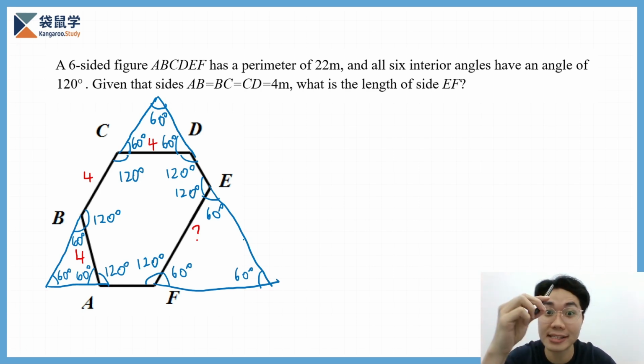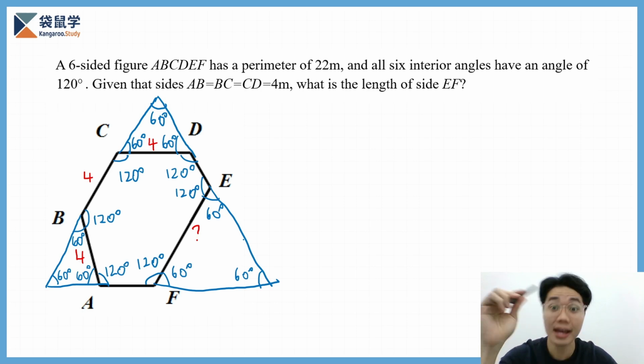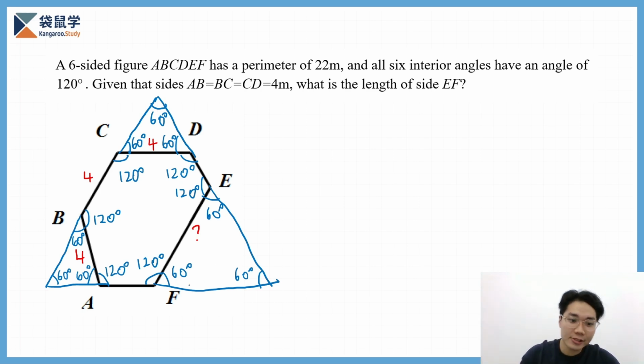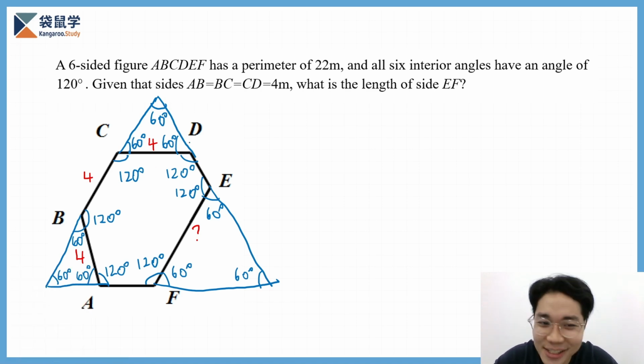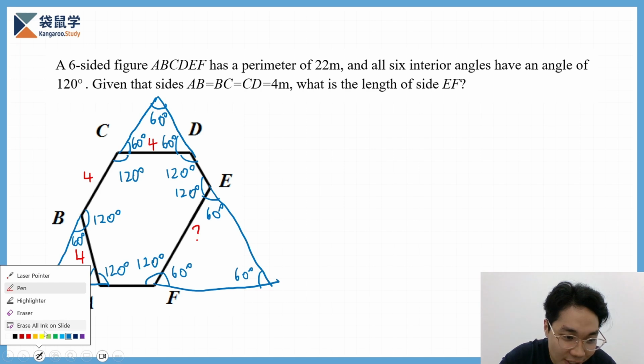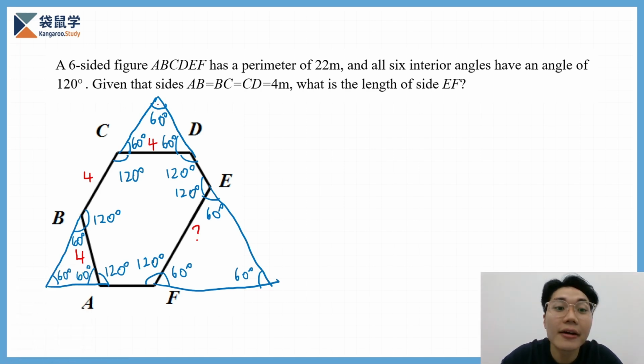What do we know about the sides of these equilateral triangles? They are the same. So if they are the same, and we already know that CD is 4, we can put in that all of the sides are 4. Same with this triangle.